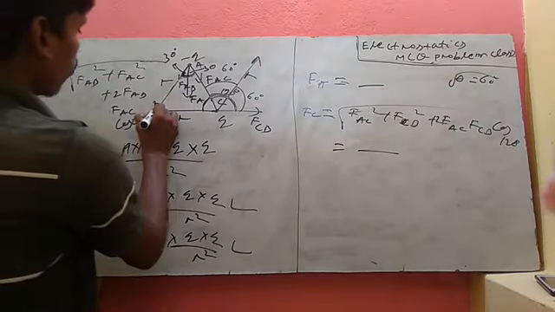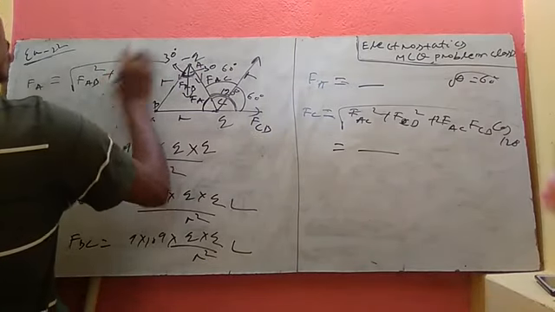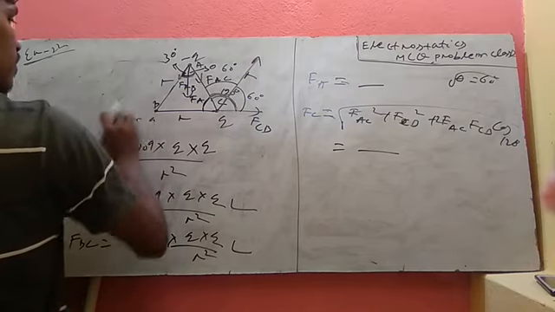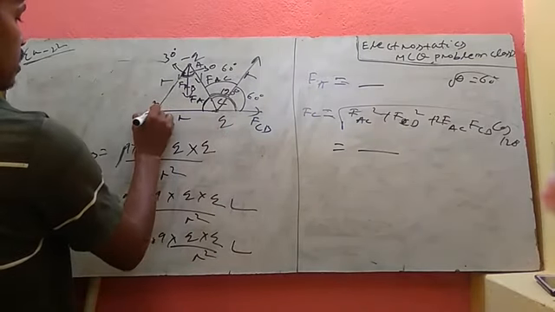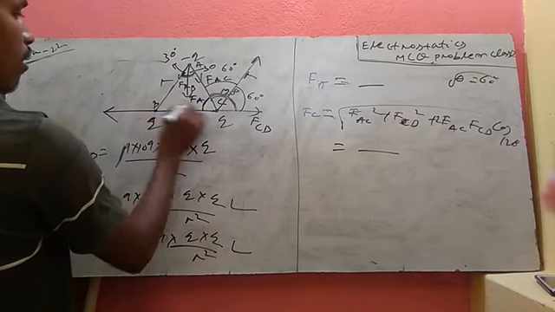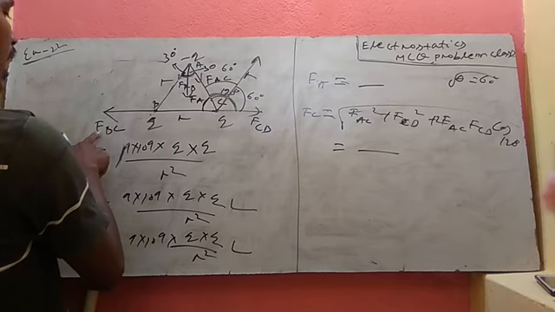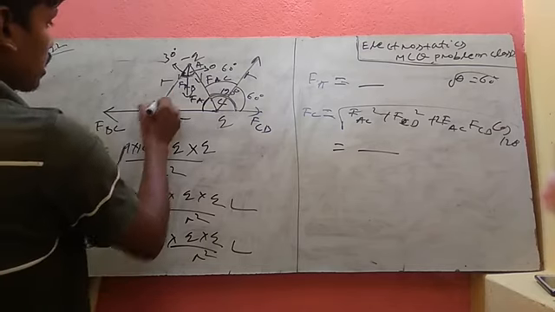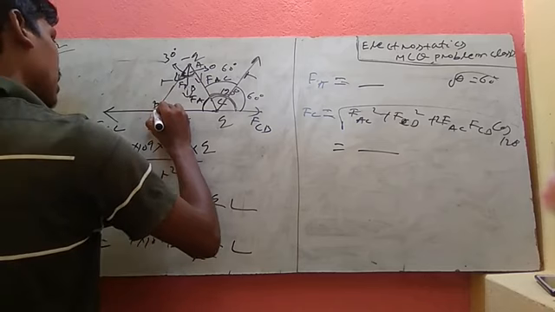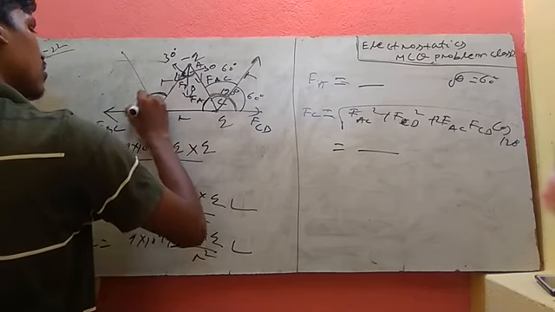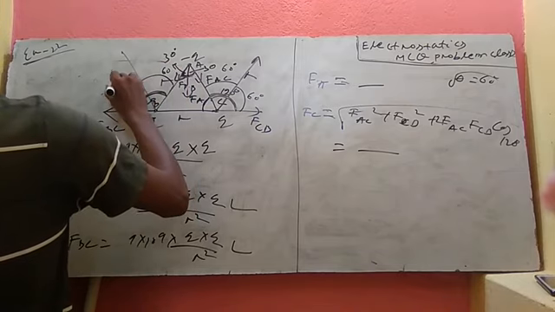Similarly, the net force on B. Due to C, the force acting on B is in this direction because it is a repulsive force. That force is named FBC, the force acting on B due to C. This is also FAB. So the net force perfectly divides this angle. This is also 120 degrees, so this angle is 60 and this angle is 60.